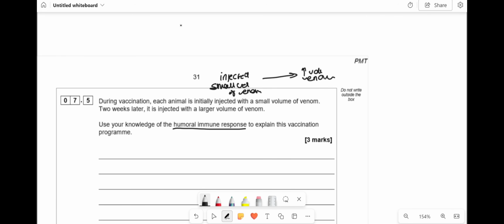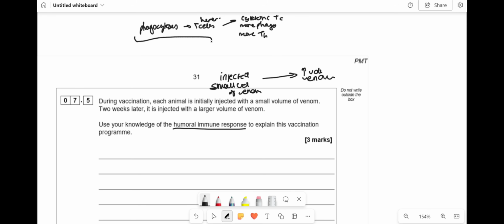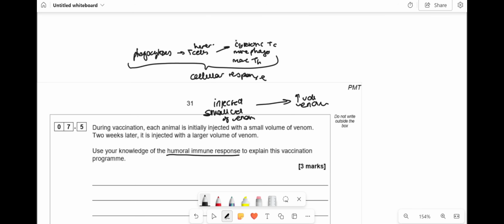Just as a real summary, in the immune response, once the phagocyte engulfs and digests, it will interact with T cells, so helper T cells, and what they will do is stimulate cytotoxic T cells, more phagocytes, and then also more helper T cells. The interactions of all of these cells with each other is your cellular response. And also, as well, it stimulates B cells too.